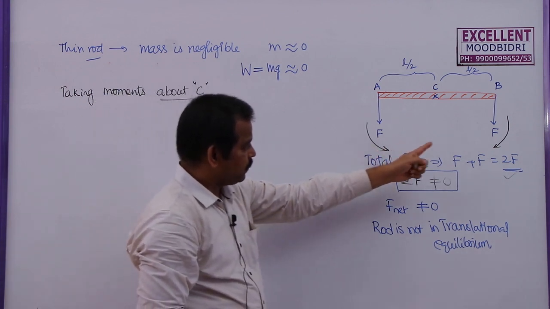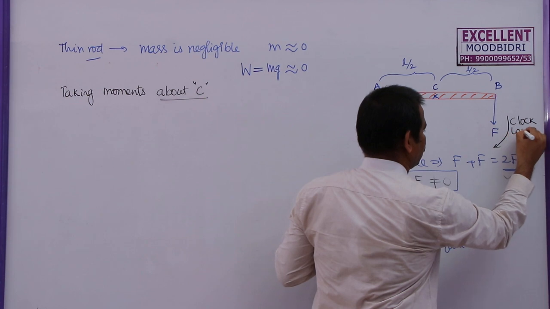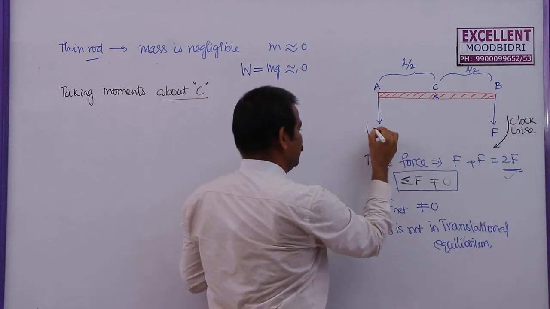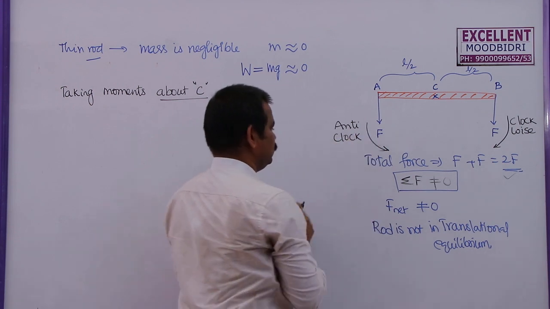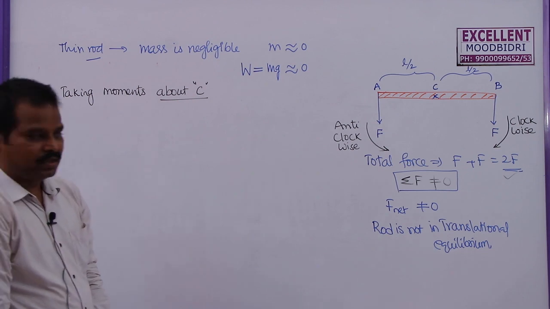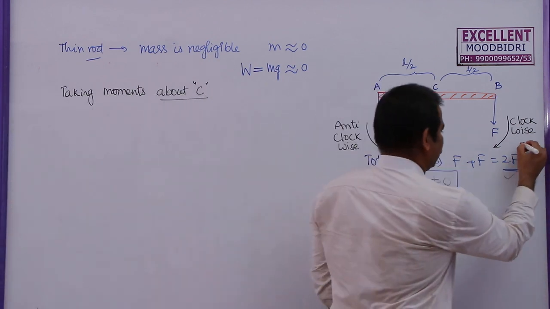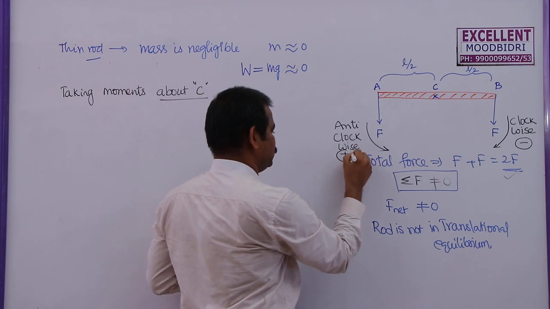So here you can see this is a clockwise rotation, and this is anti-clockwise rotation. Now, we can say that the clockwise torque is always negative, and the anti-clockwise torque is positive.